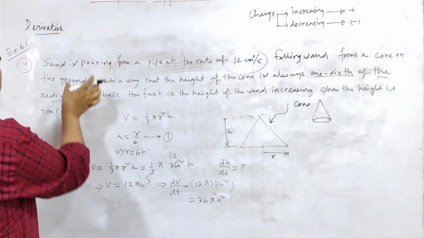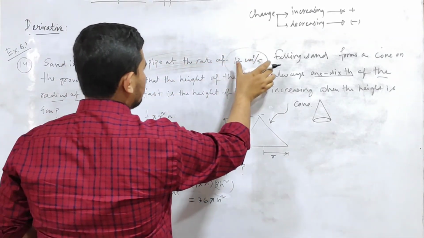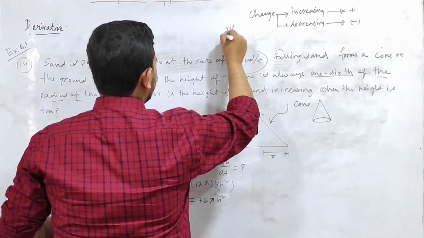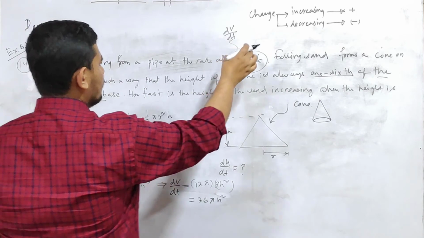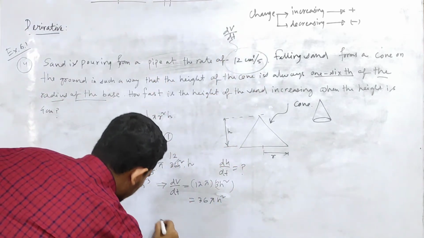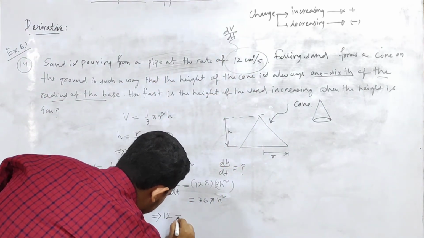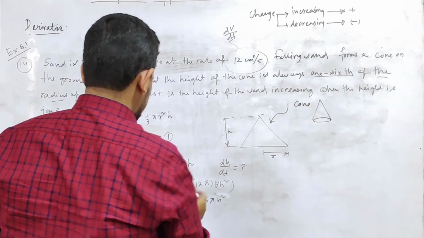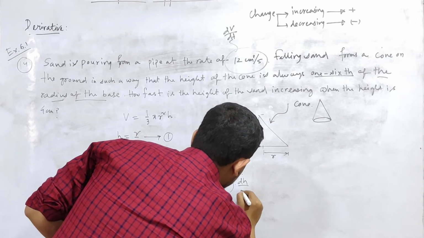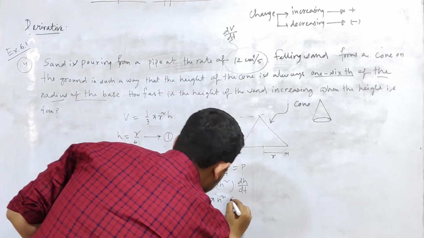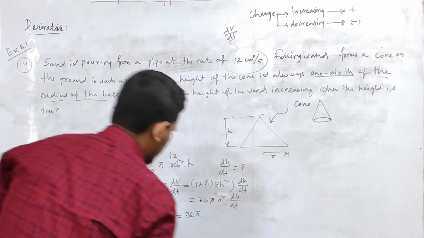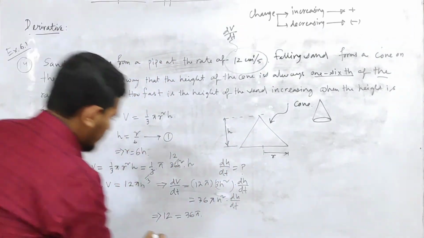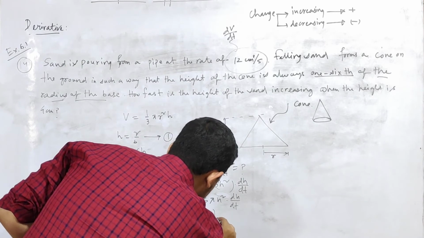We are given here that sand is pouring from a pipe at the rate of 12 centimeter cube per second. So this is basically the dV by dt part, that is the volume by time. So this will be 12 equals 36 pi h square, sorry, here one term is missing, that is dh by dt. So 36 pi h square dh by dt, where h is given as 4 centimeter. So h square will be 16.